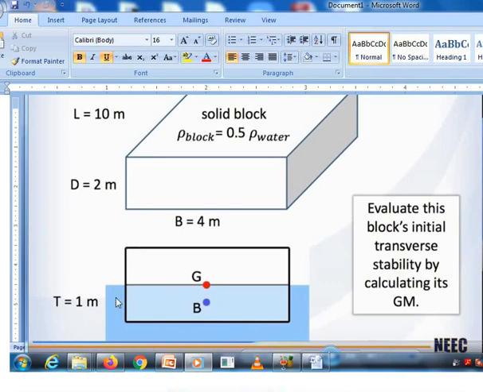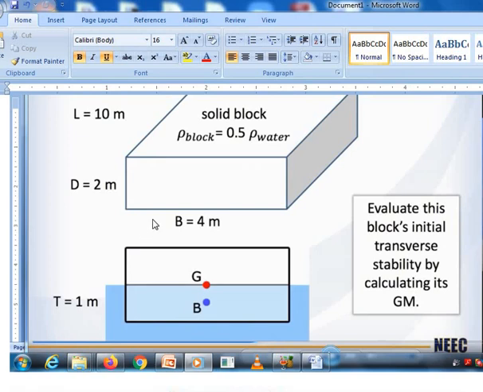It is not the total block that is submerged in the water. The total height of the block is 2 meters here. Look at the cursor. But it is only 1 meter that the water is touching, and that 1 meter is considered to be the draft of the vessel. Half of the draft is the center of buoyancy with this kind of design, and that is supposed to be 0.5.